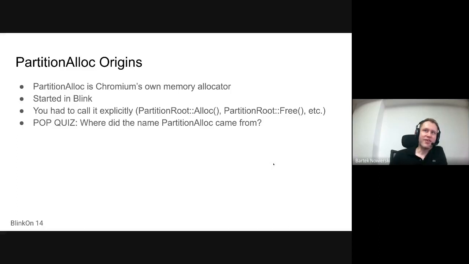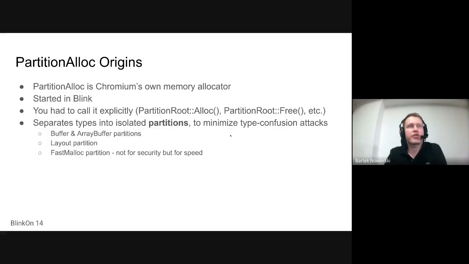I don't see any hands in the air, so here's the answer for you. For security reasons, we provided the functionality to split into partitions, mainly to isolate certain critical types to minimize chances of type confusion attacks.